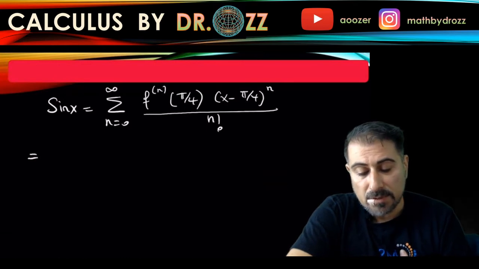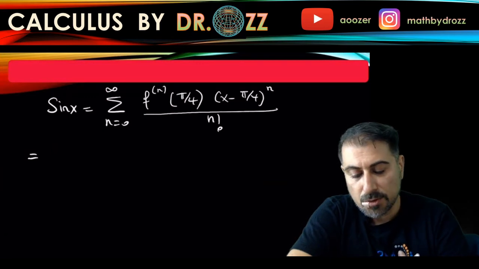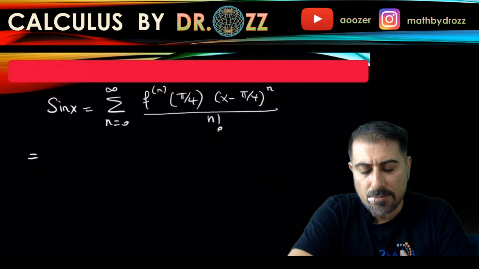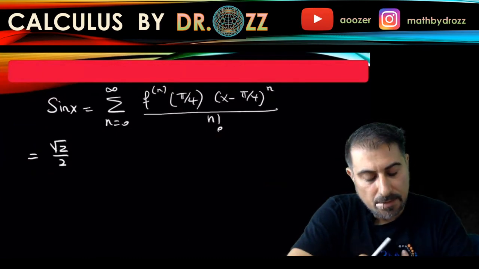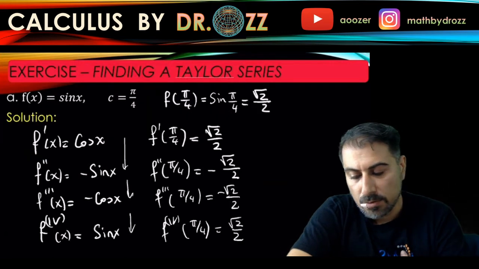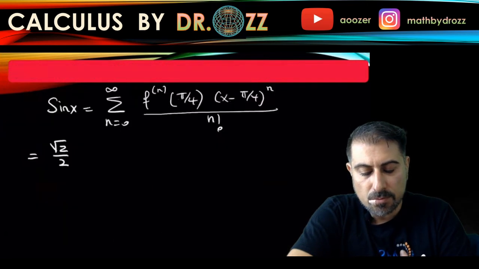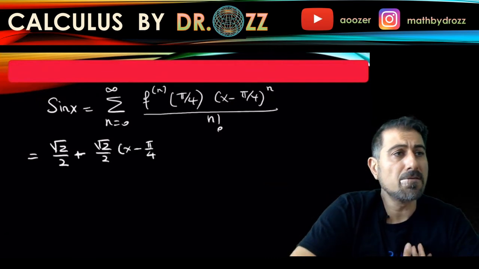So n equals 0 is f of c. So sine pi over 4, that's radical 2 over 2, right? So I'm going to go ahead and write radical 2 over 2. So the next one is f prime at pi over 4, so plus radical 2 over 2 times x minus pi over 4.